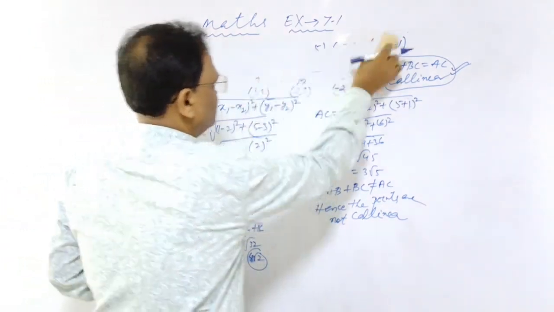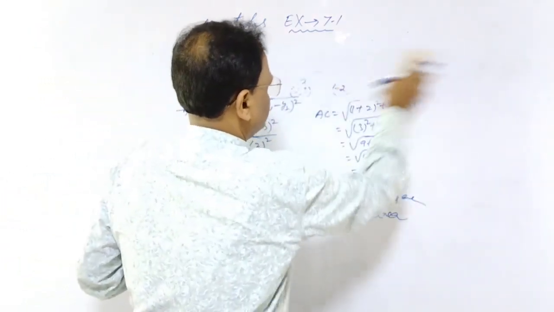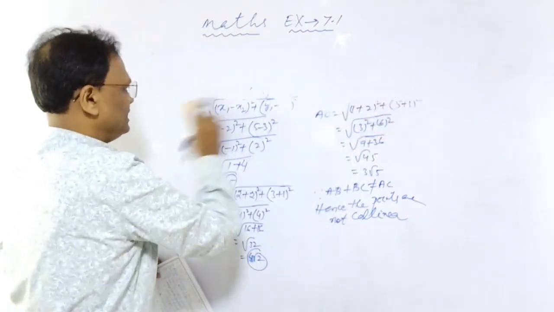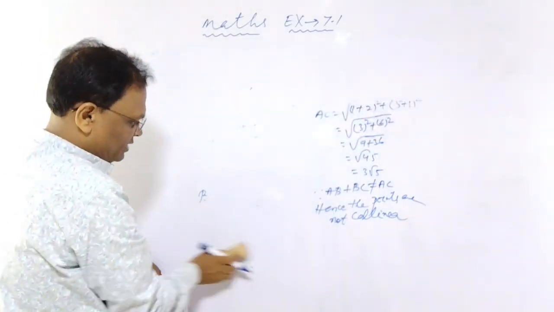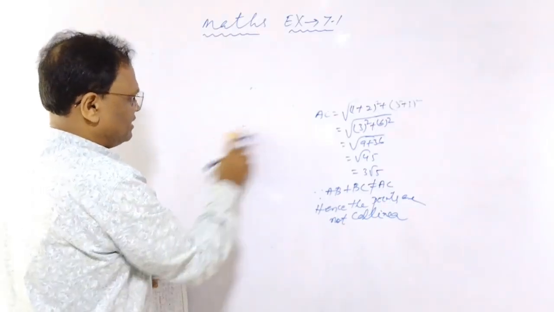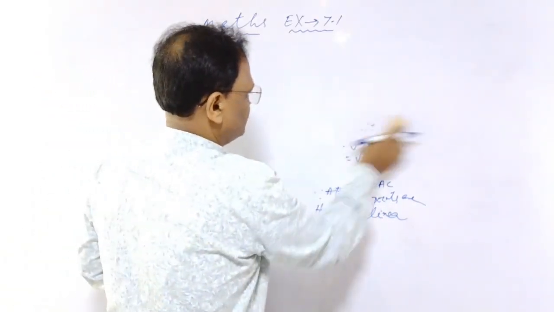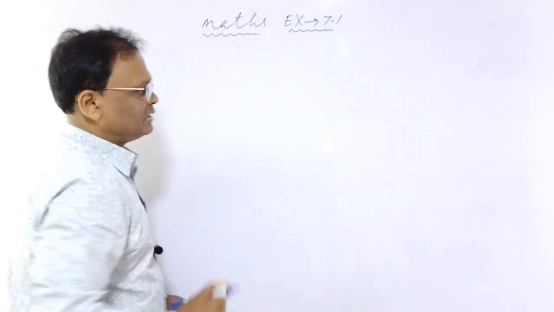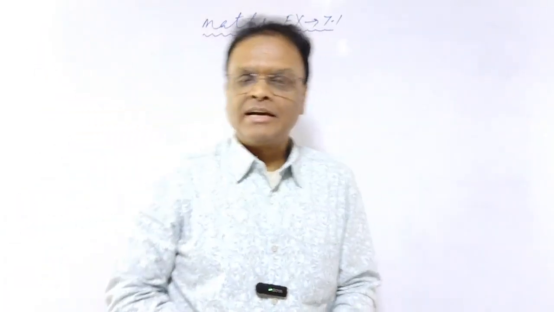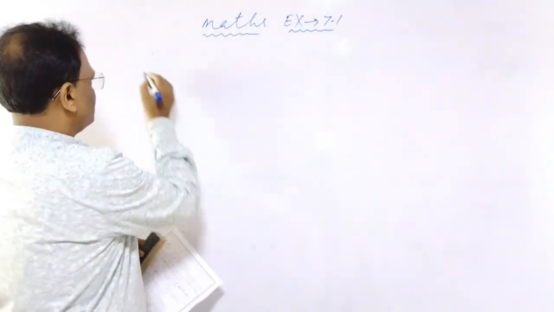Now the next is question number 4. What is it telling? He has given one triangle and is asking to check whether the triangle is isosceles or not.